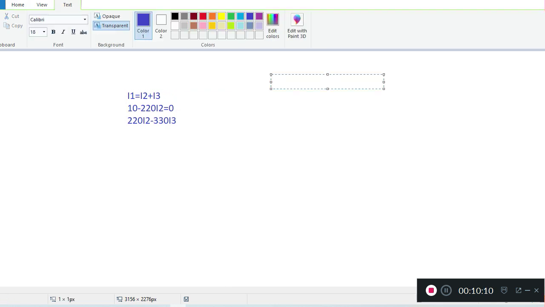If I come to the second equation, 10 minus 220 I2 is equal to 0, I can say that minus 220 I2 is equal to minus 10. So when I do that, I'll get 10 over 220 is equal to I2.